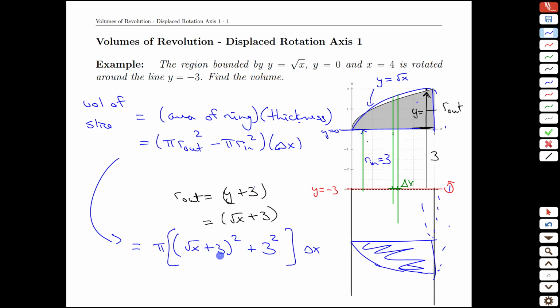From this point on, we're going to be turning it into a standard integral question, and that is going to be fairly straightforward compared to what we've done already. The one thing to note on this diagram is we're going to be taking dx as our integral variable, so that means we're going to be slicing from x equals 0 to x equals 4.